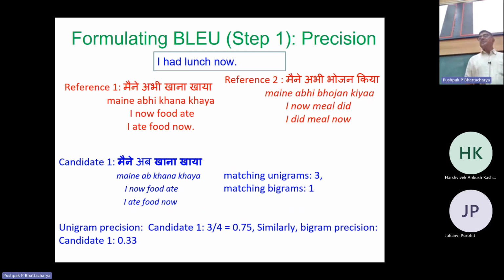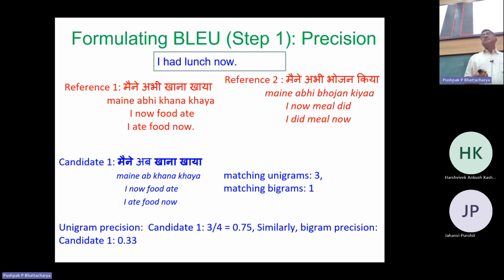So the unigram precision is 3/4, which is 0.75. Similarly, the bigram precision is 1/3. That's because मैंने अब doesn't match anything in the reference. अब खाना doesn't match anything. खाना खाया matches. So one bigram out of three matches. So 1/3 is the bigram precision.